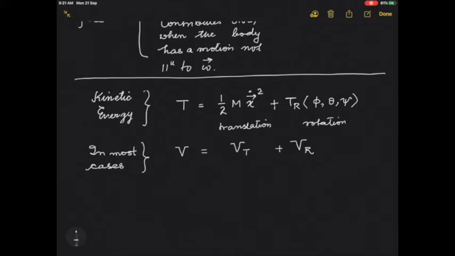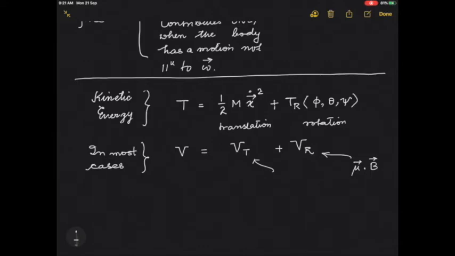Not all cases though, but in most cases, say for example, the translational part is coming because of a force like gravity, and the rotational part is coming because of a force like a magnetic field. What the magnetic field does, if you remember from your elementary courses on electrodynamics, is that if you have a dipole, it rotates the dipole. So this potential energy is of that type, which can be like mu dot B, where mu is the dipole moment and B is the magnetic field.